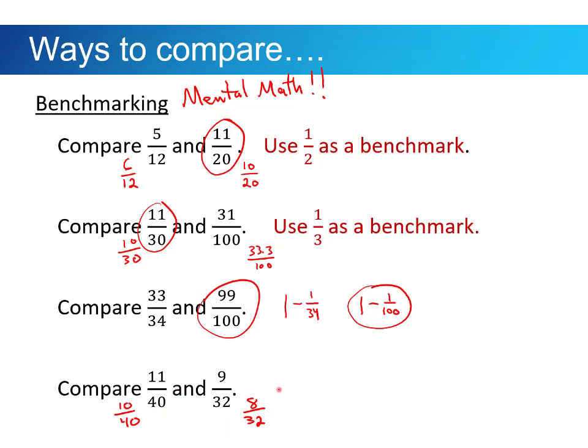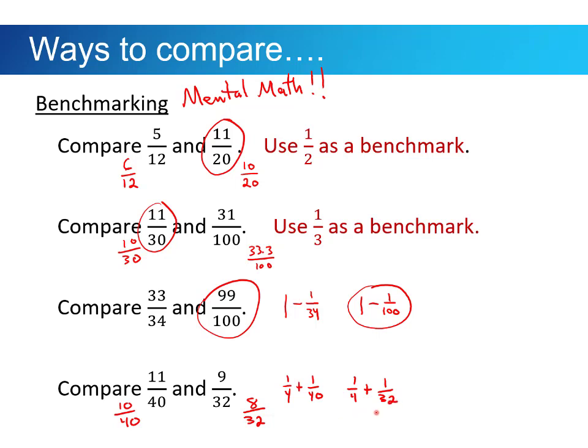So 11/40 is like 1/4 plus 1/40. So I have my 10/40 plus 1/40. And the 9/32, well, again, that's like 1/4, but how much am I adding here? I'm adding 1/32.